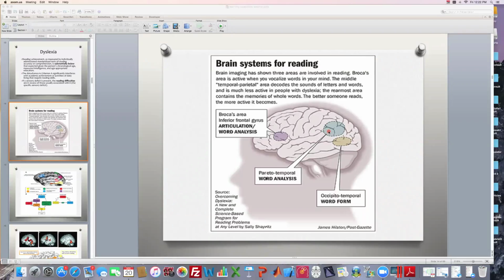So that area of the brain, in combination with the word form area, tells us we've seen a word, deciphers what that word is, and potentially the meaning of that word.